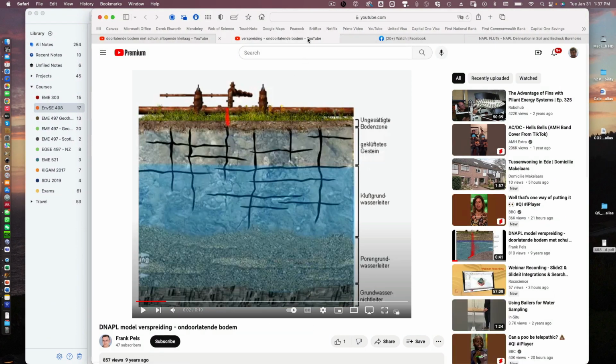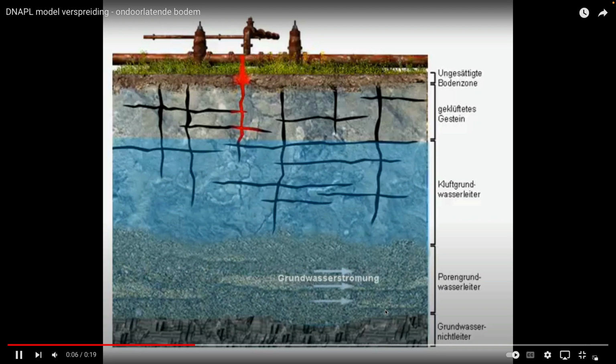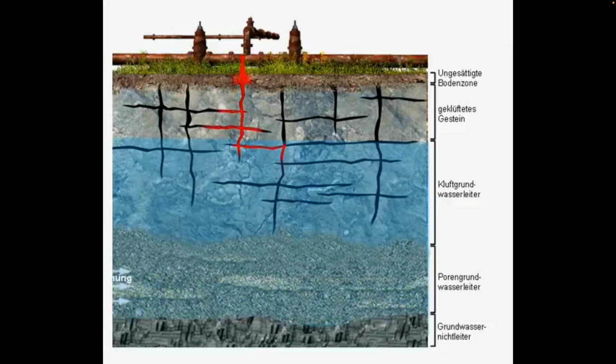We know that we can look at that in terms of fractured media as well. And that fractured media are interesting because the conduits that they travel on are much more open than the grain pore diameters or pore throat diameters within porous media.